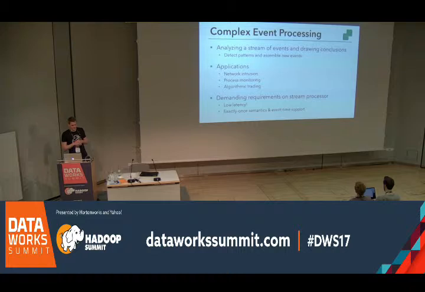With this paradigm, you could, for example, detect malicious behavior in your network, or if you have an algorithmic trading system, you could define rules when to sell or buy stocks, depending on certain patterns you see in your input stream.